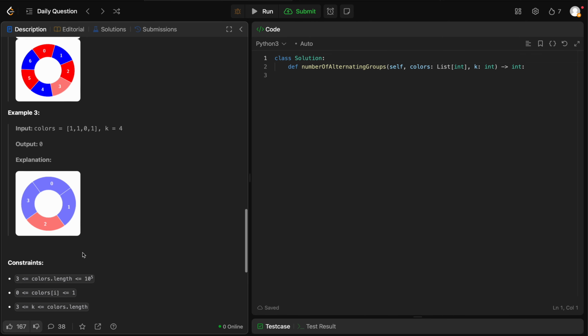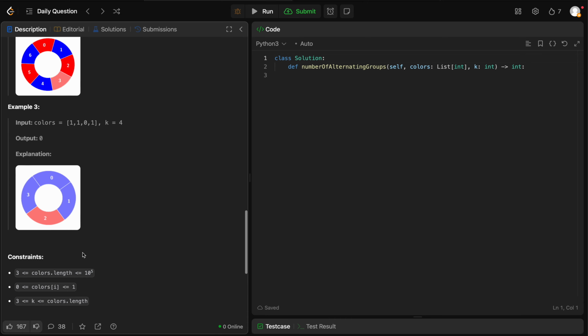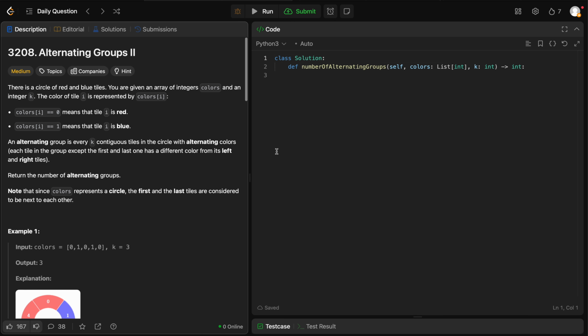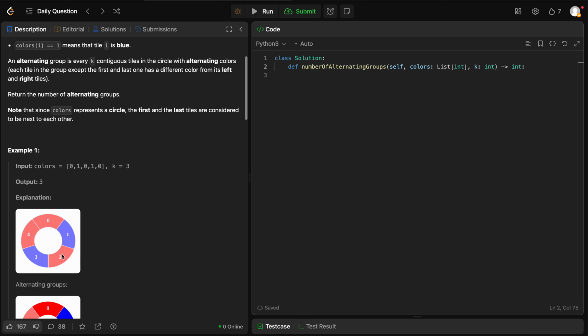Okay, makes sense. So I always go to the right and I go up to the left.